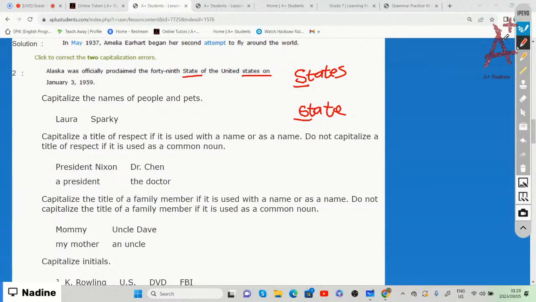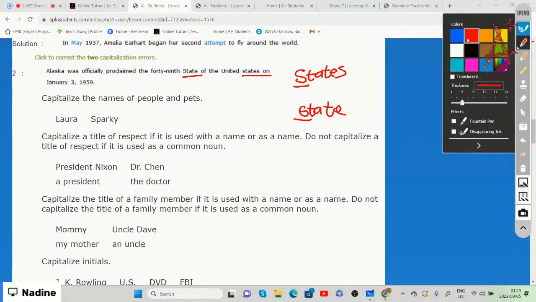Because let me do this. This one over here, which is the United States, right? It is basically a name of a place, right? Which we capitalize. But yeah, state is used as a common noun, right?